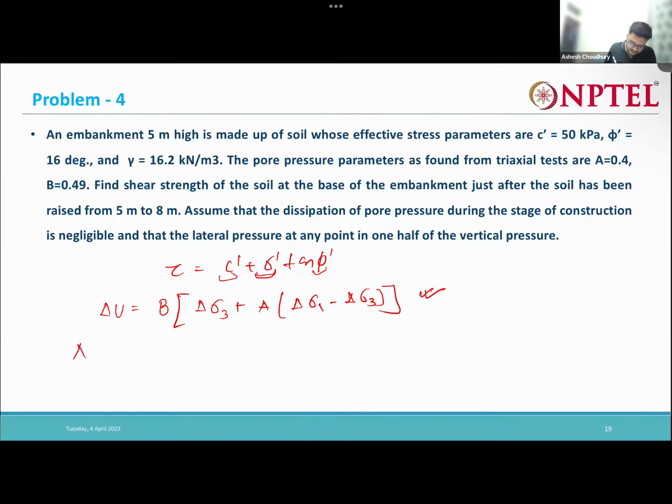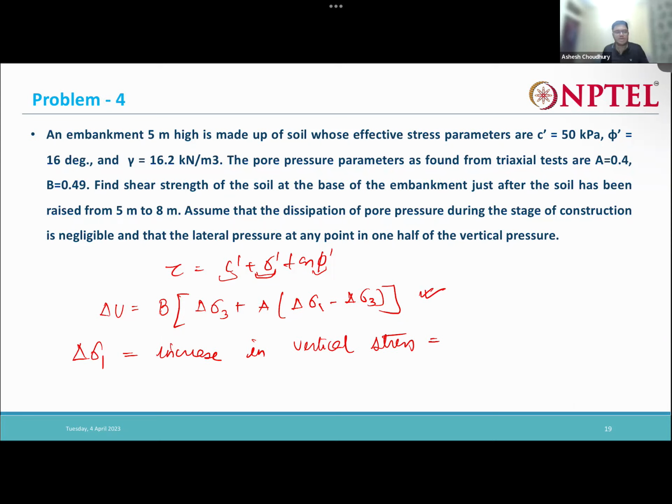First, tell me what is delta sigma 1. Delta sigma 1 is nothing but the increase in vertical stress. So during the construction from 5 meter to 8 meter, when the height of the embankment is raised, what is the increase in vertical stress? Please tell me.